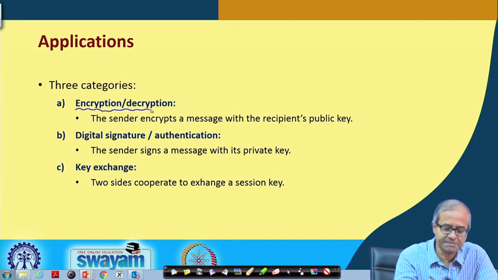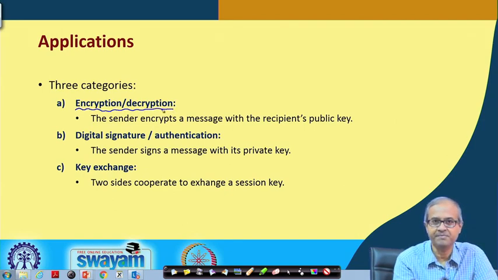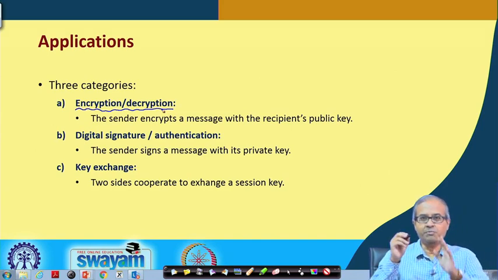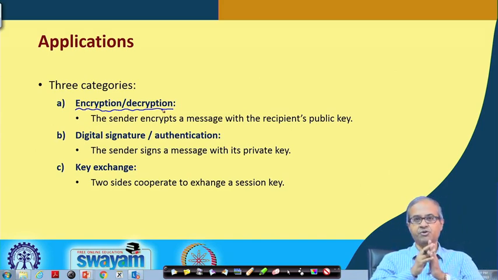First is of course encryption decryption, as I had said. The sender encrypts a message with the receiver's public key, the receiver will decrypt it using its own private key. This is quite possible, but the only problem, which we shall be talking about later, is that these algorithms are relatively slow. With respect to symmetric key algorithms, these methods will take more time for encryption and decryption.